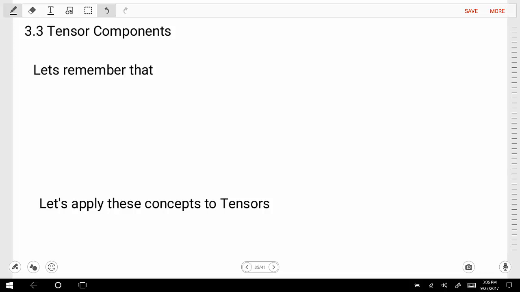So let's say we have some vector u. We can define the scalar components of that vector as being equal to the dot product of the base vectors times the vector itself.